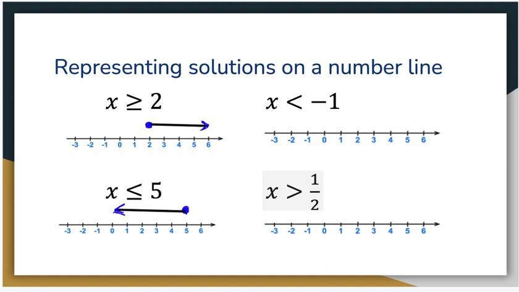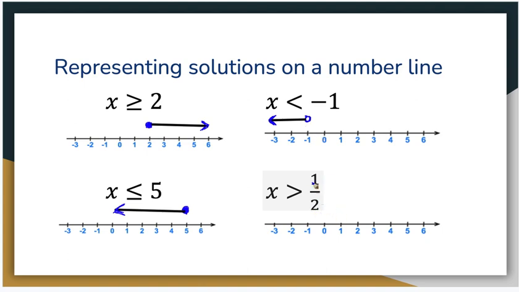Now if we have less than negative 1, in this case here, negative 1 is not included, so we use an empty circle, and it's less than, so the arrow points to the left. Okay, so when it's less than or more than, then that number is not inclusive, so we have to draw an empty circle.